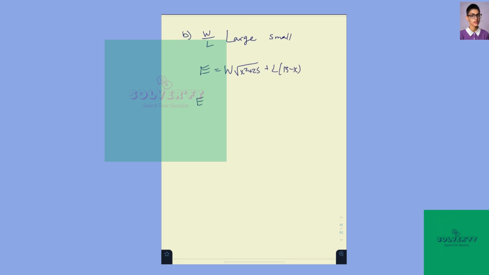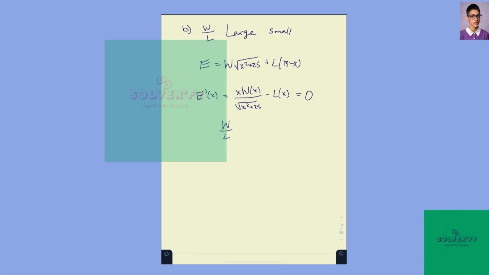Then E prime of x is going to give us W times x over the square root of x squared plus 25 minus L. When we set this equal to 0 and isolate W over L, we end up getting that this is the square root of x squared plus 25 over x. So the above ratio will minimize the energy if the bird aims for the point that is x kilometers away from B.